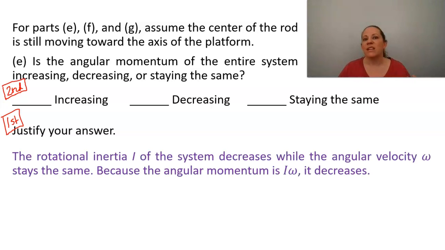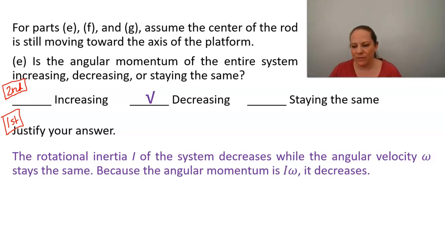So the rotational inertia I of the system decreases while the angular velocity omega stays the same. And because the angular momentum is I omega, it decreases. And so we'll select decreasing.